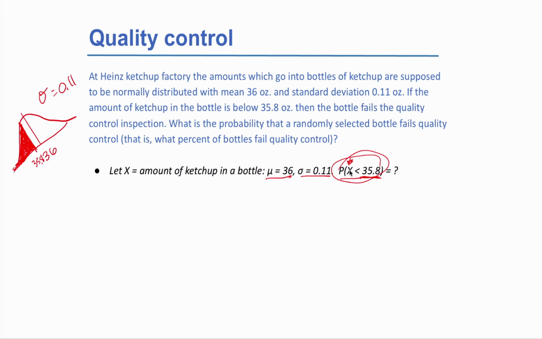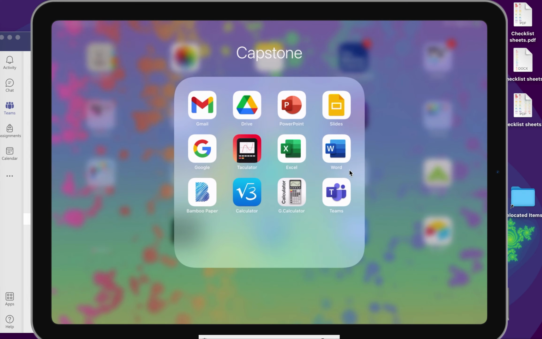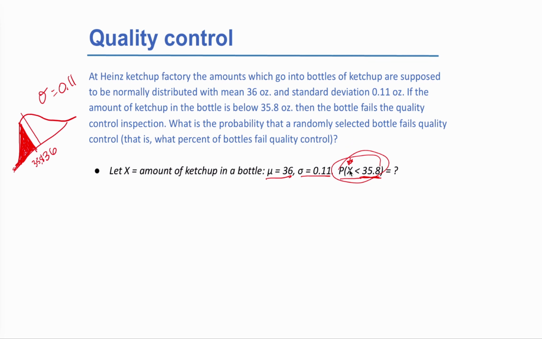So, calculator, right? Well, actually, before I do that, find the z-score, which is x minus mu over sigma.